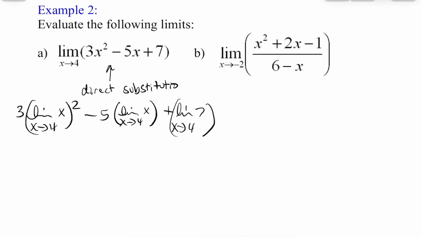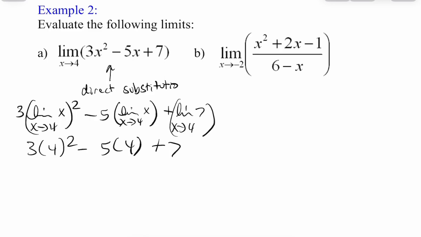Now, what is the limit as x approaches 4 of x? 4. I directly substitute in. It's 3 times 4 squared minus 5 times 4 plus 7. It's direct substitution into a polynomial function. So if you want a limit of a polynomial, it's great. Just plug it in.